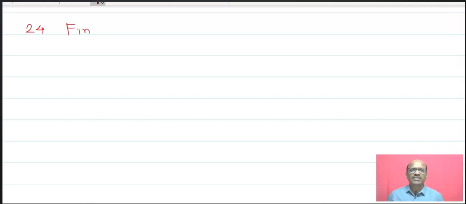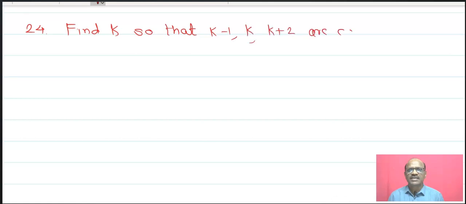Question number 24. Find k so that k minus 1, k, k plus 2 are the consecutive terms of a GP.